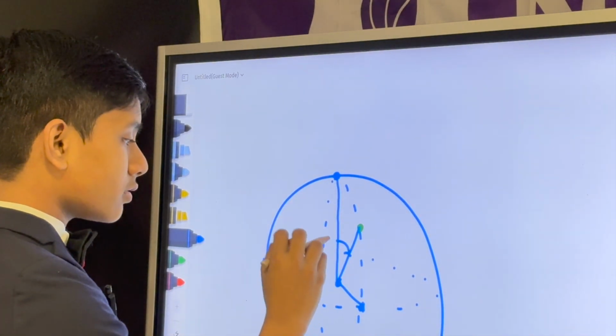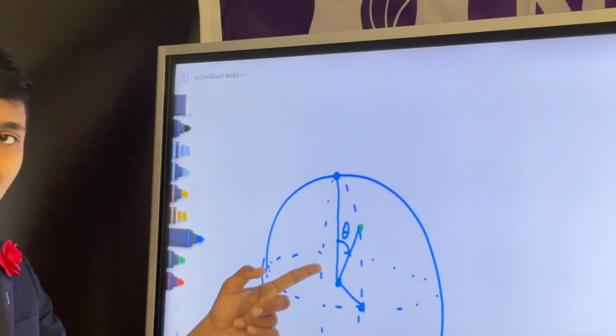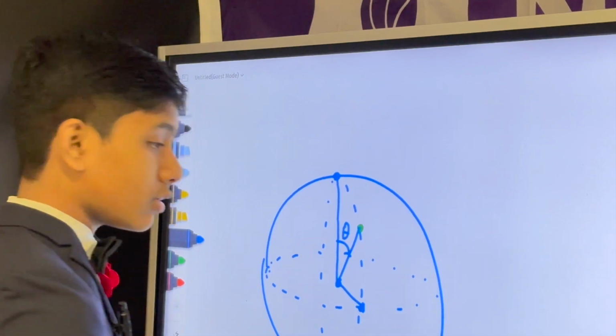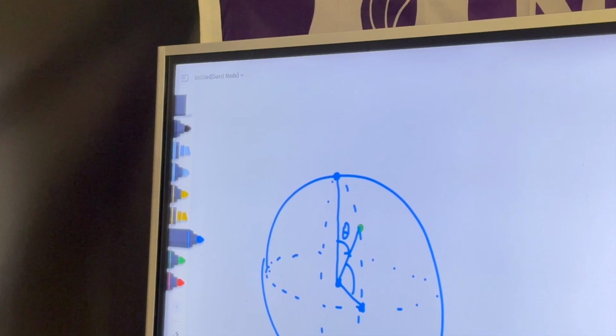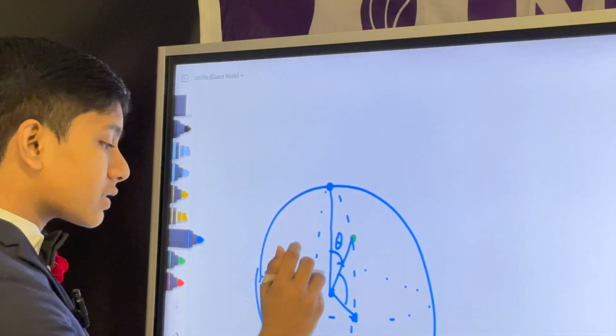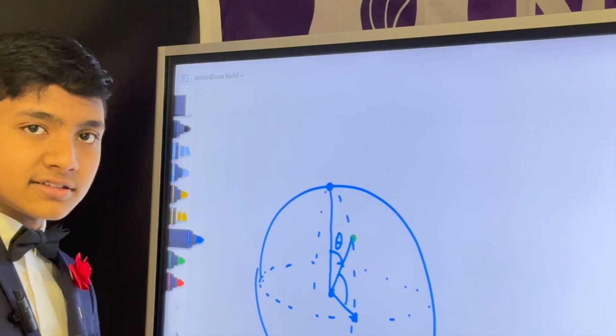This angle right over here, let's say it's theta. So this is the co-latitude. And it's called that because it's the complement to the latitude.